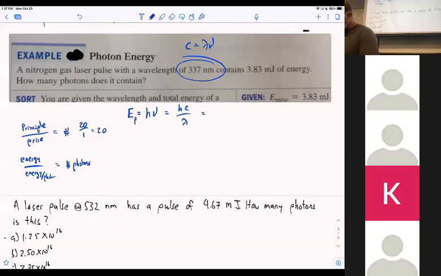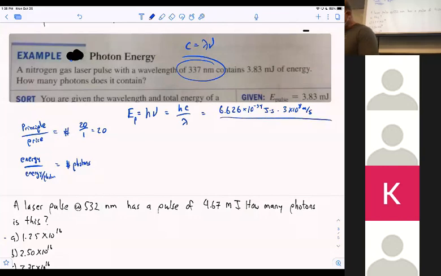The energy per photon is going to be Planck's constant, 6.626 times 10 to the minus 34 joule seconds, times the speed of light, 3 times 10 to the 8 meters per second. You don't have to memorize these, by the way.